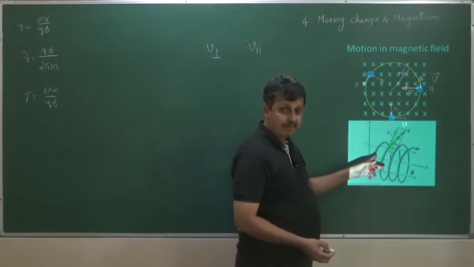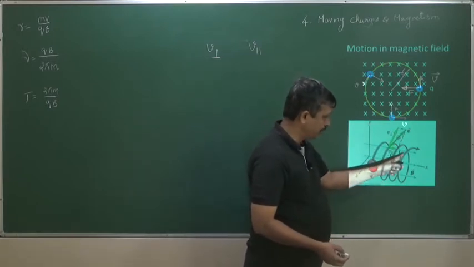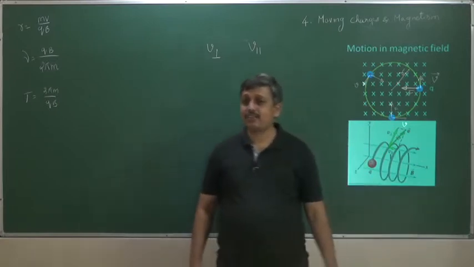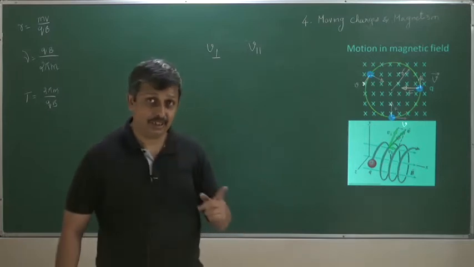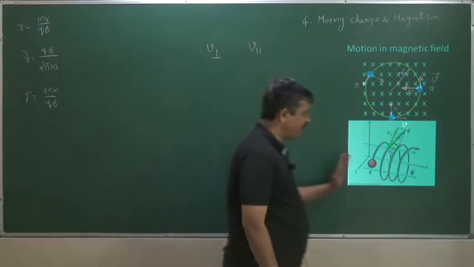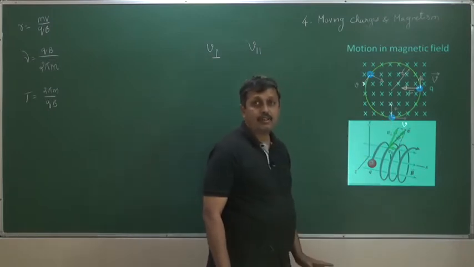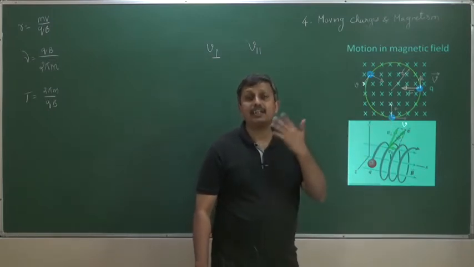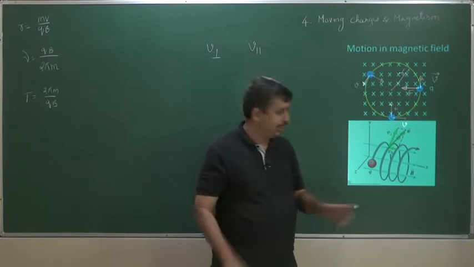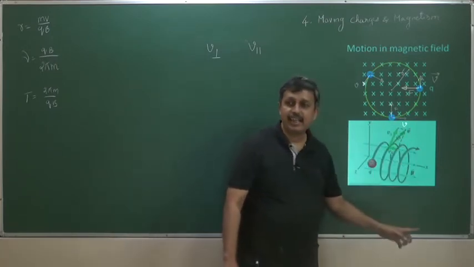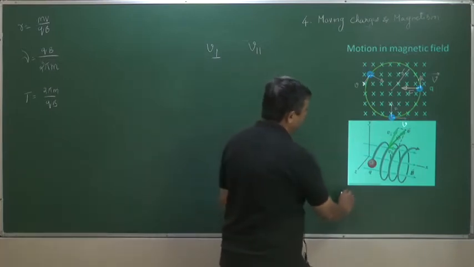The one parallel to B will make the charged particle also move from left to right. Both happen simultaneously, and it creates a helix. This is called helical movement.